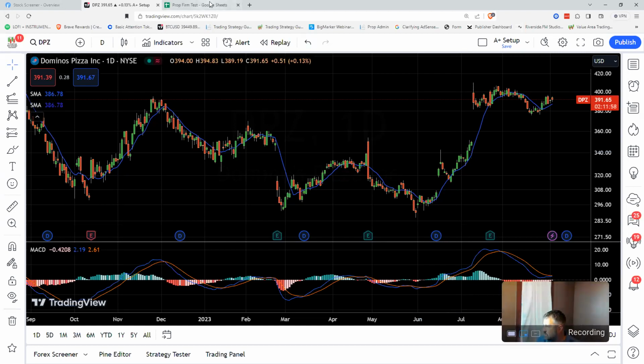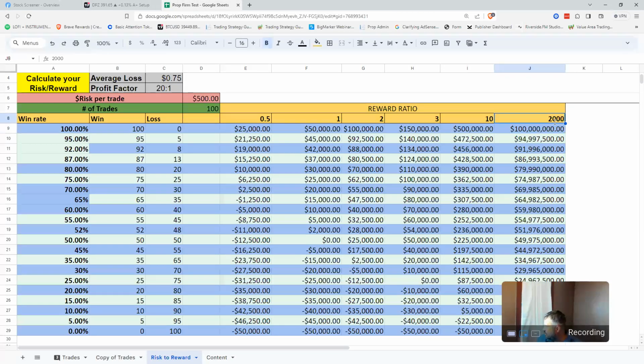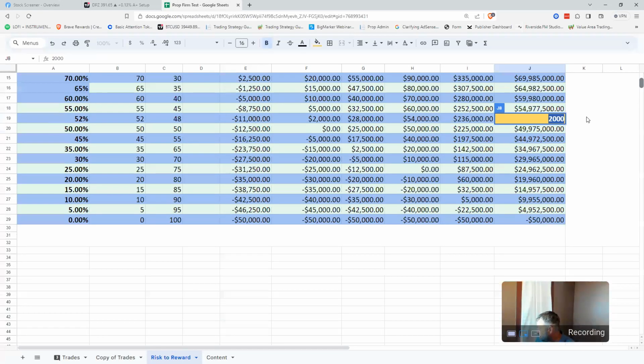But the good news is we know that if we're going for a 10-to-1, we only need to win 10%, 15%, and we can do that. That's really possible if you're using all of the tools that I talked about today, not just Fibonacci's, but the trends, the support and resistance, and all of those things.